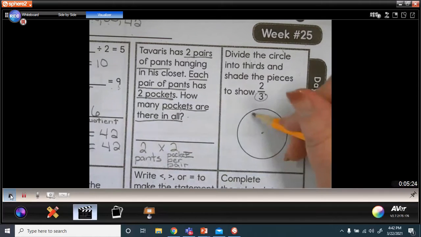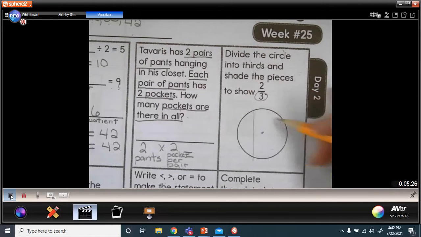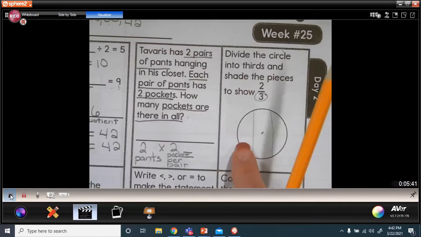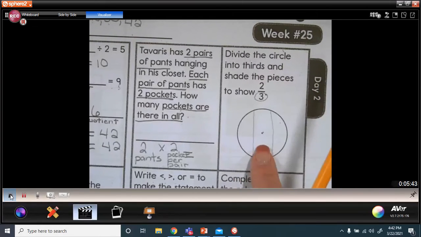Now remember, you cannot just draw lines going down this way and say that these are thirds. Yes, they're 3 parts, but are they equal parts? That's the important part. These have to be equal parts. So we cannot say that this piece is the same amount as this piece.